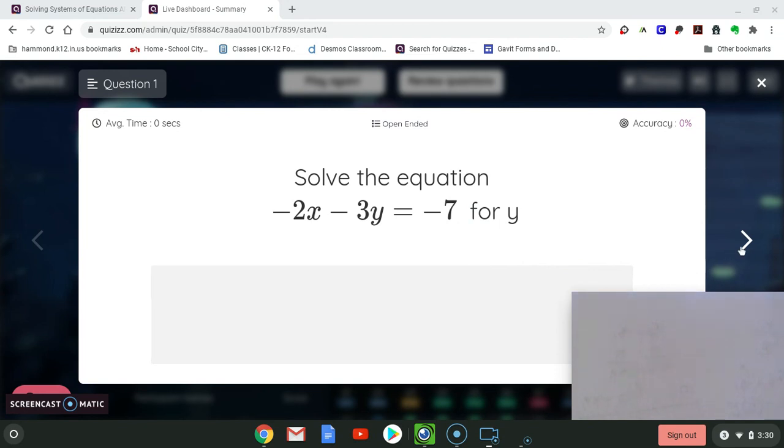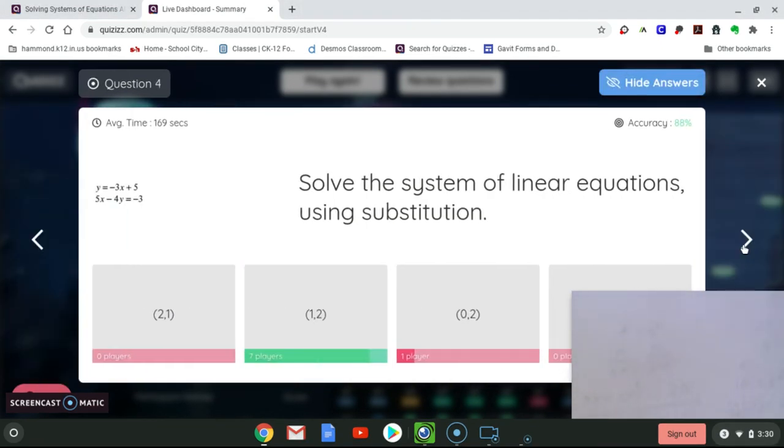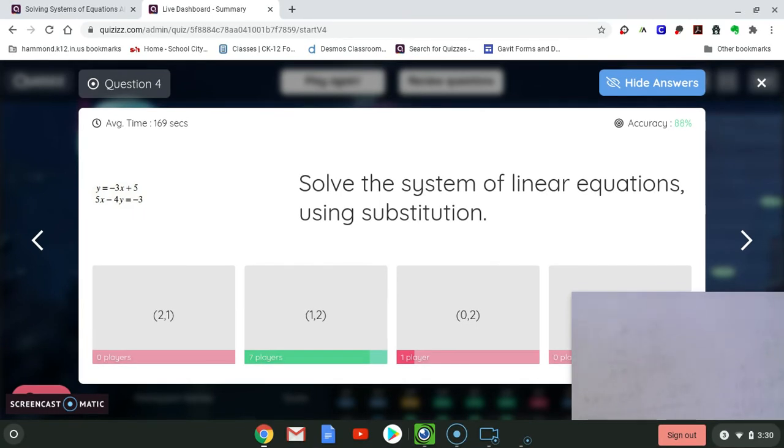Shrink my inset down a little bit. So let's look at one where we're going to use the distributive property with substitution. y equals negative 3x plus 5, 5x minus 4y equals negative 3.